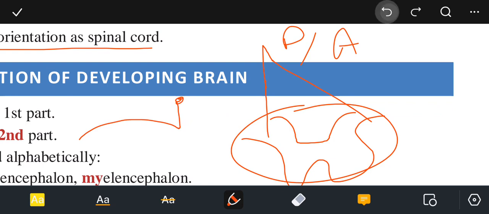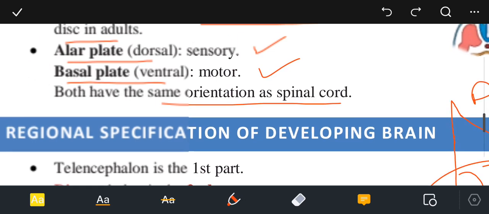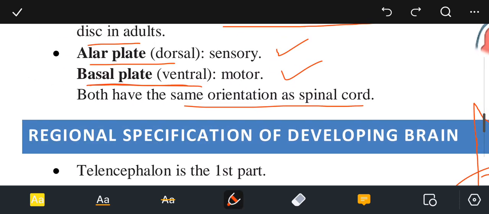So dorsal or alar horns throughout the nervous system, mostly in the spinal cord, and even in the brainstem and the brain, are sensory in nature, and the basal plates, which are ventral or anterior structures, are motor in nature, or contain motor neurons.